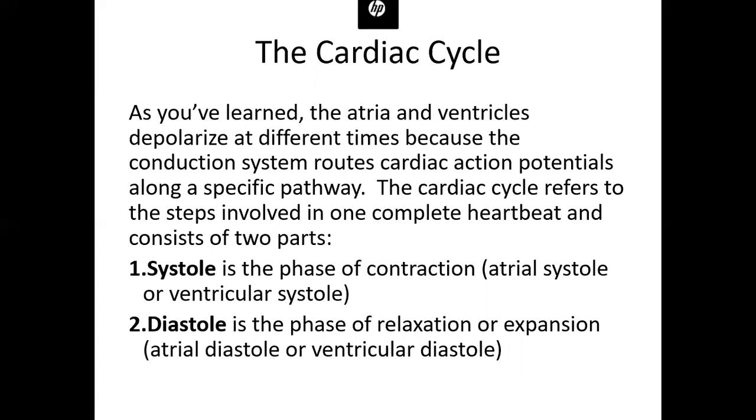Our cardiac cycle refers to the steps involved in one complete heartbeat and consists of two parts, systole and diastole. Systole is a phase of contraction, which can be in both atria at the same time, what we call atrial systole, and in the ventricles, what we call ventricular systole.